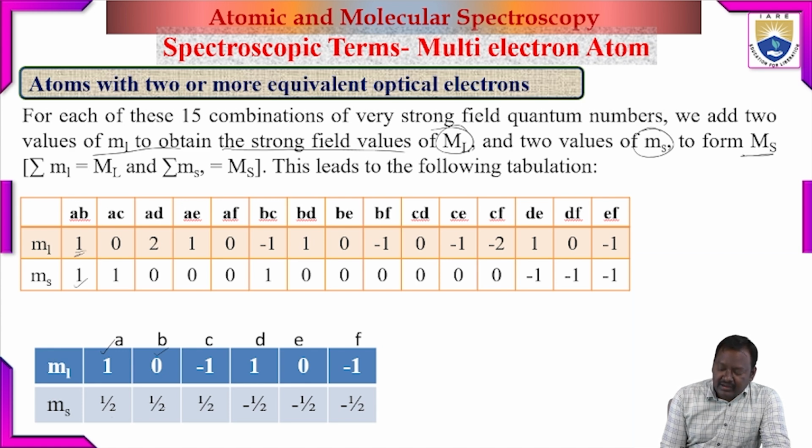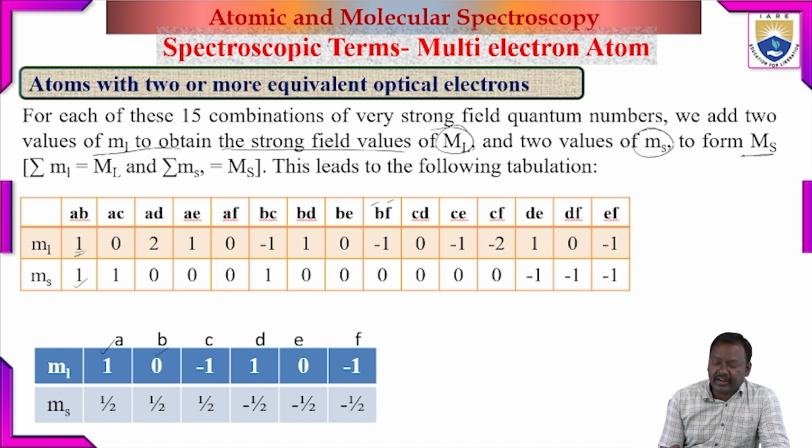So in this way, among those 15 conditions, we can find out the total orbital angular momentum quantum number and spin quantum number, ml and ms values, as shown in this table. These values are obtained by adding the ml values in those two states and the ms values in those two states.